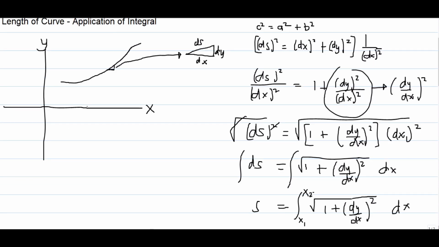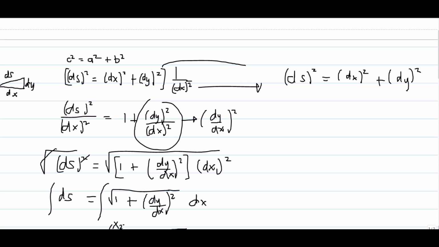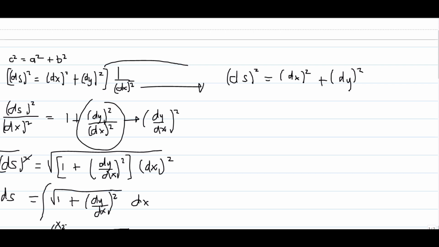Then, by the way, if you change this into 1 over the quantity of dy squared, so this would be the quantity of ds squared, equal to the quantity of dx squared plus the quantity of dy squared.